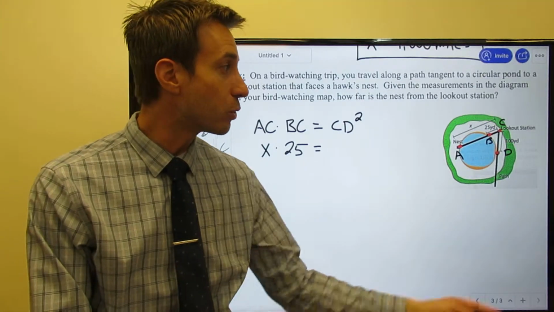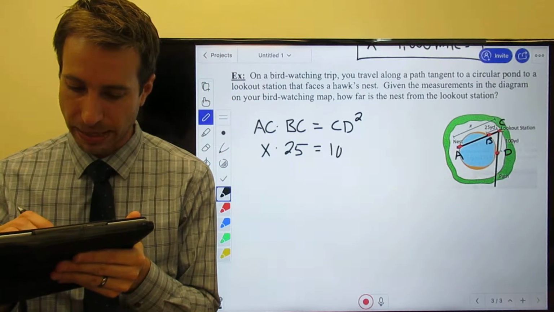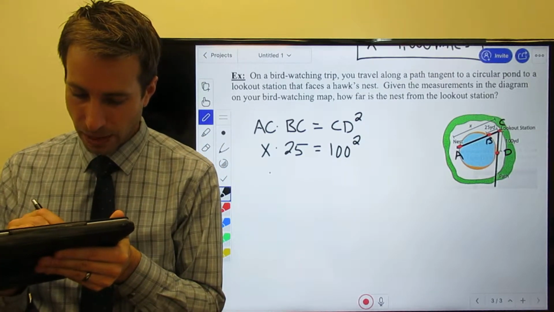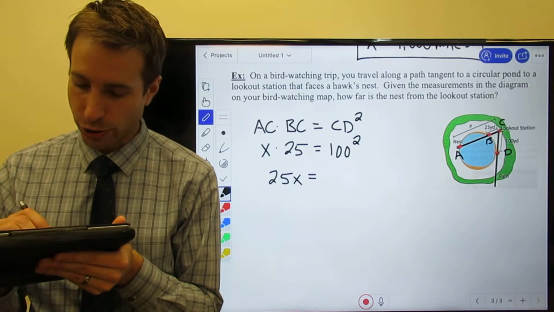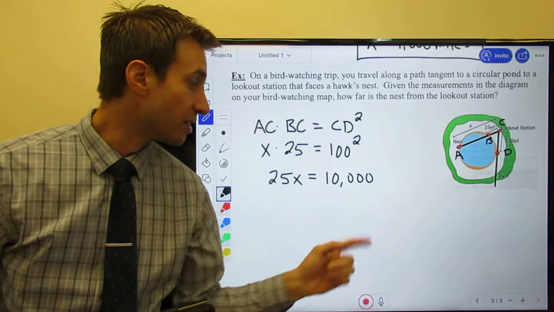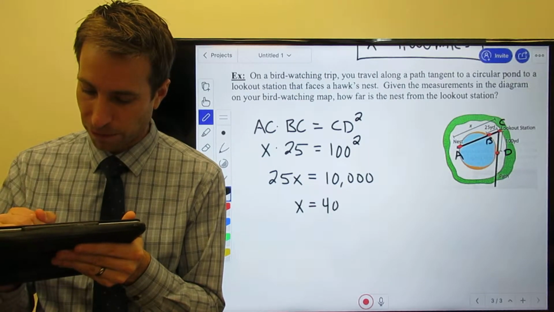That all has to be equal to CD, which in this case is 100, but that's got to be squared, so 100 squared. All right, here we go. I have 25 X is equal to 100 squared is 10,000. Divide by 25. X has to be equal to 400.